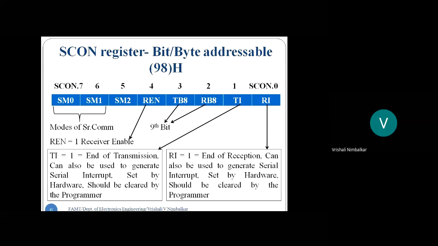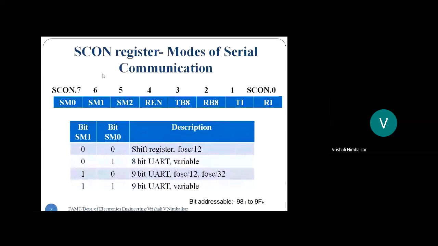SM0, SM1 are going to set the modes of serial communication. Now let us see the different modes of serial communication. See here, I have only mentioned SM0, SM1: 00 is mode 0, 01 is mode 1, 10 is mode 2, and 11 is mode 3.